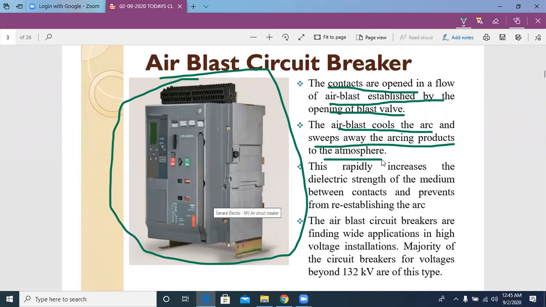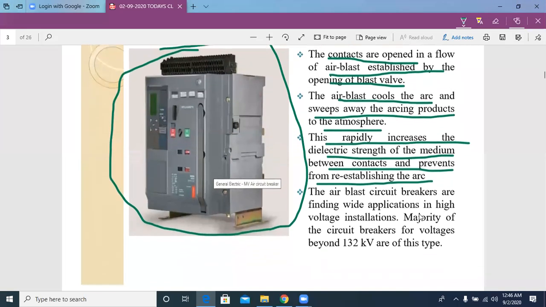Now this rapidly increases the dielectric strength of the medium between contacts and prevents the re-establishment of the arc. So when the dielectric strength is increased, there is no possibility for restriking voltage.